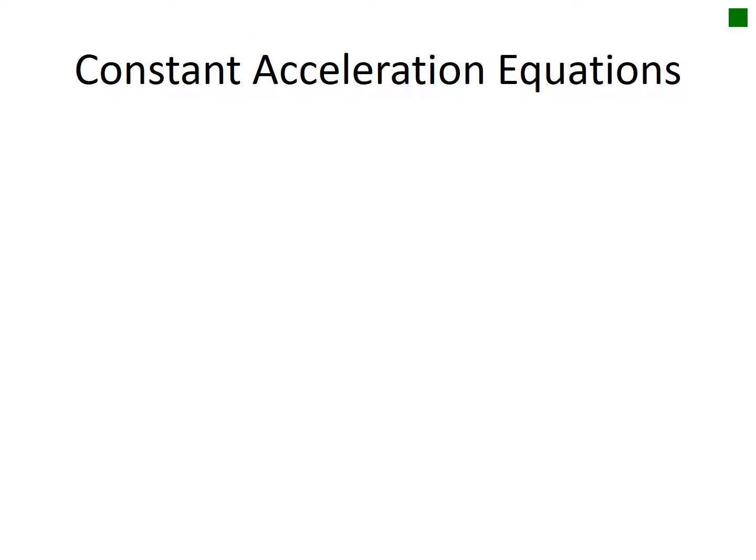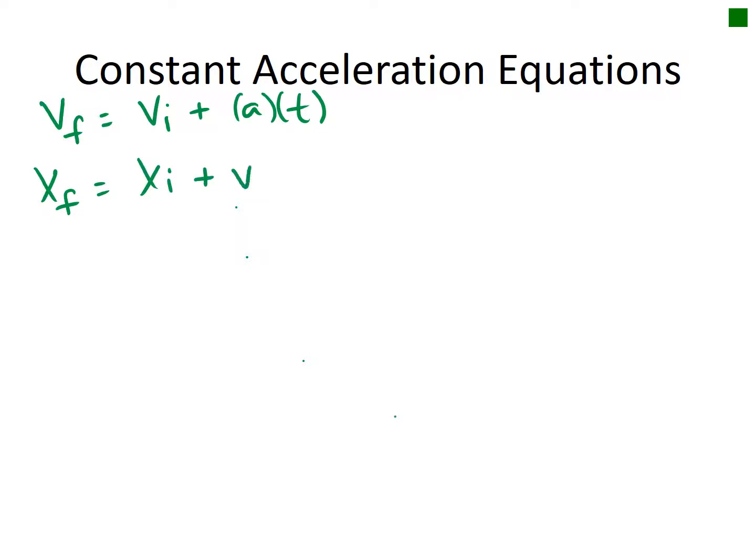All right, constant acceleration equations. The simplest is VF equals VI plus A times T. We have XF equals XI plus VI T plus 1/2 A T squared.